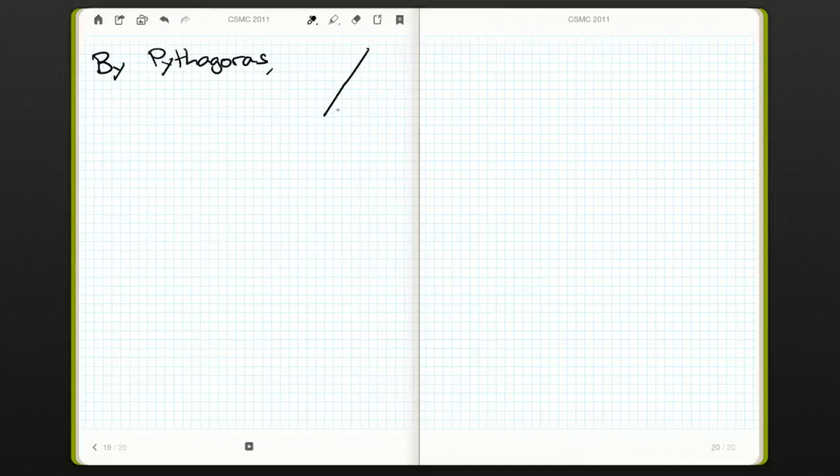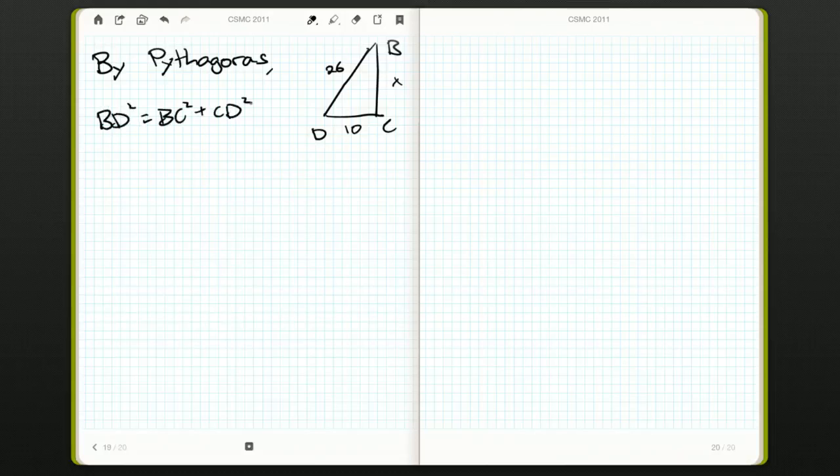So by the Pythagorean Theorem, B up here, we have C, we have D. This is x, we are told this is 26, and we know this is going to be 10. BD squared is equal to BC squared plus CD squared. 26 squared is x squared plus 10 squared.